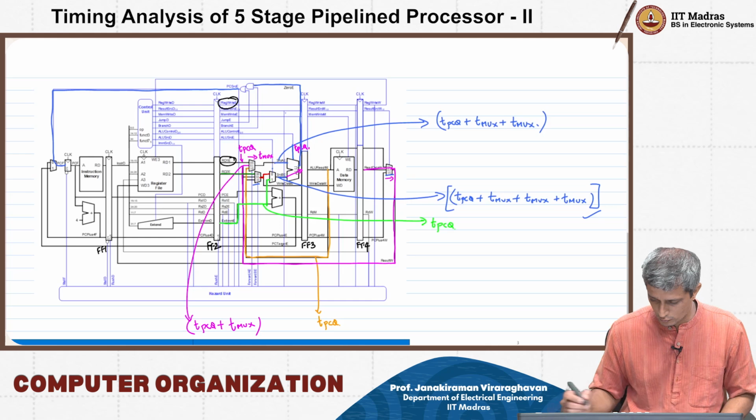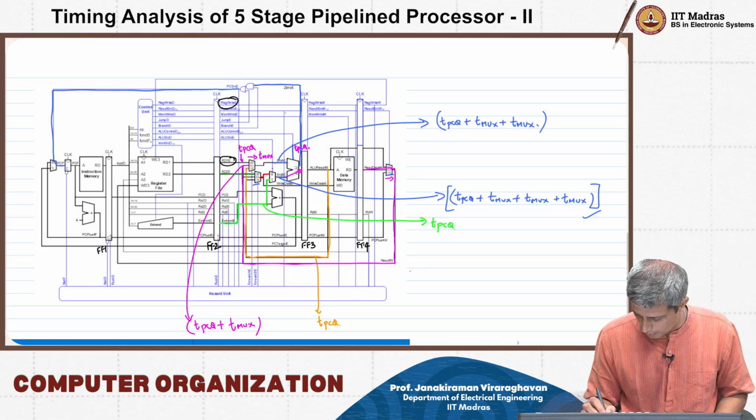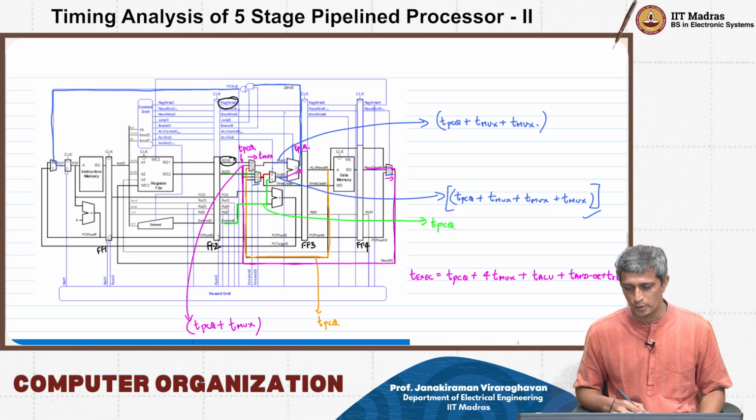So if you want to write this down specifically, the critical path is going to be TPCQ plus 4T mux plus TALU plus T AND OR plus T setup. That is going to determine it, okay?